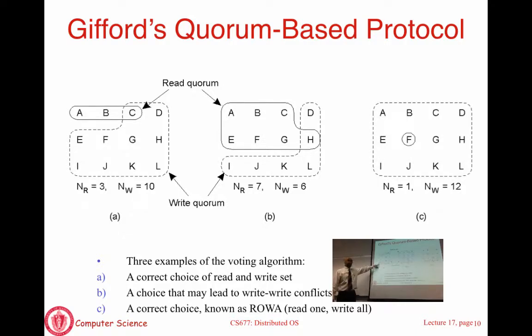Initially, this example says the read quorum is 3, the write quorum is 10. What does that mean? If you wanted to do a write, what would you do? What does quorum mean?